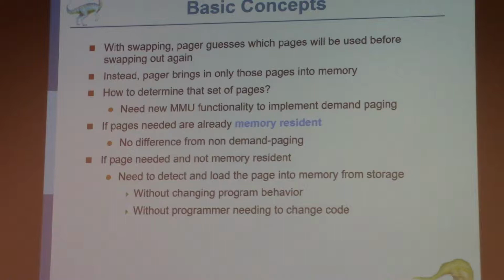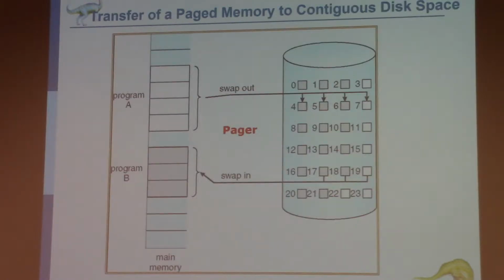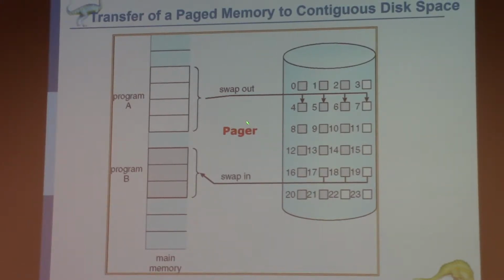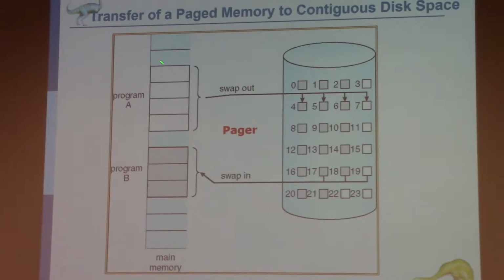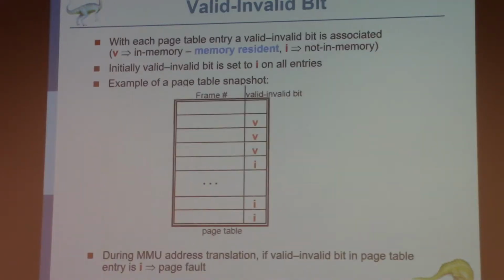Sometimes we call this swapping in and out the entire process. But if we consider page by page, this is called page out and page in to the physical memory. So this is virtual memory. This is the physical memory.